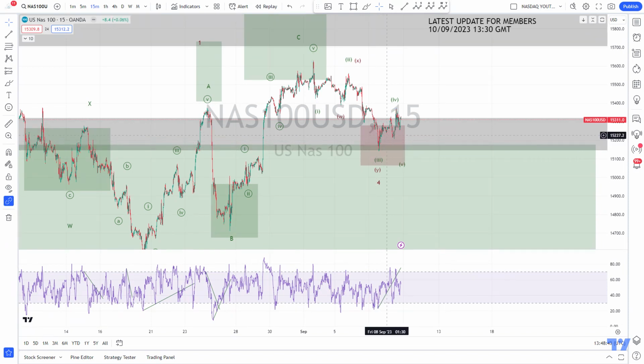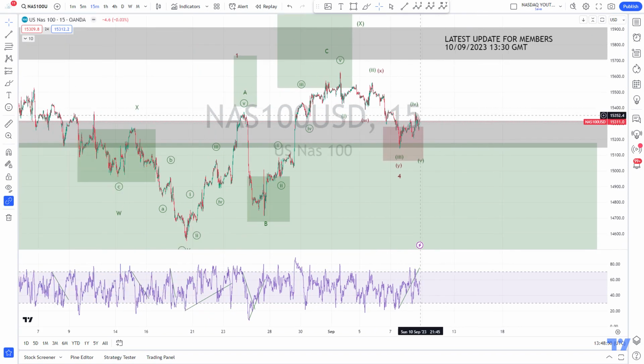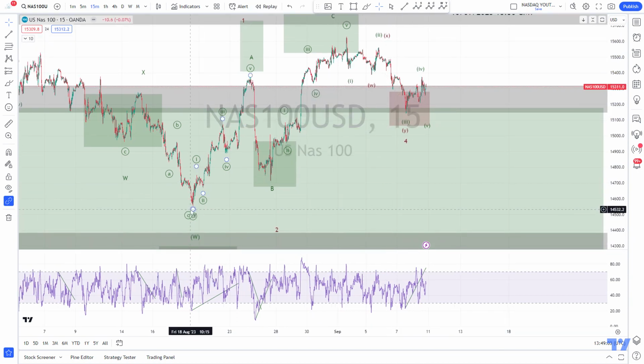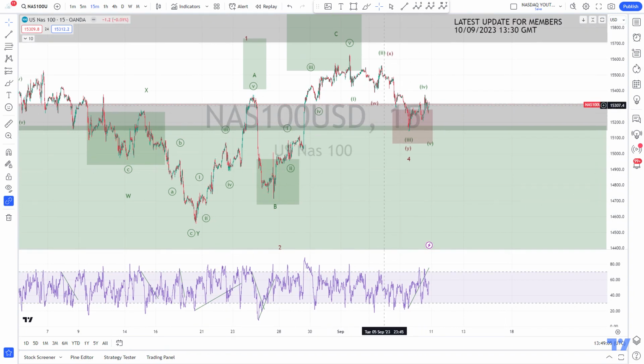For the moment, this does not really look impulsive, although it should be impulsive if it is a wave 5 to the upside. So I still prefer to take here the scenario where the wave 4 is in here as my secondary scenario.